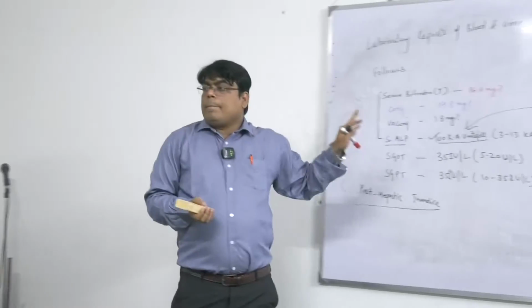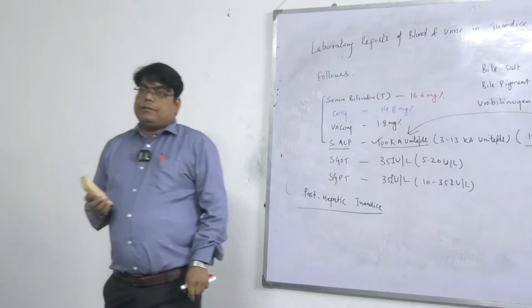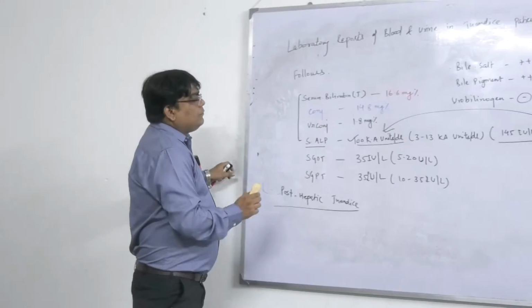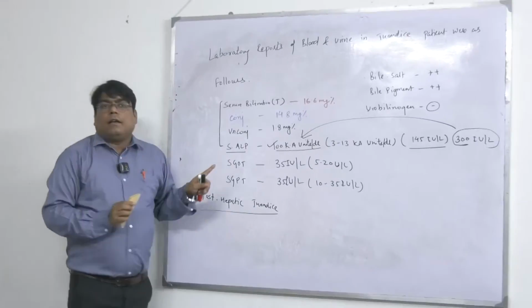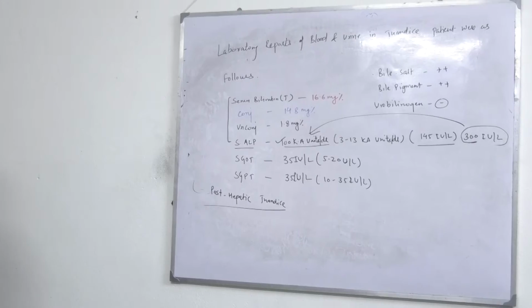So it is a case of obstructive jaundice. Now, how will you say that this is obstructive jaundice? Anybody can tell?